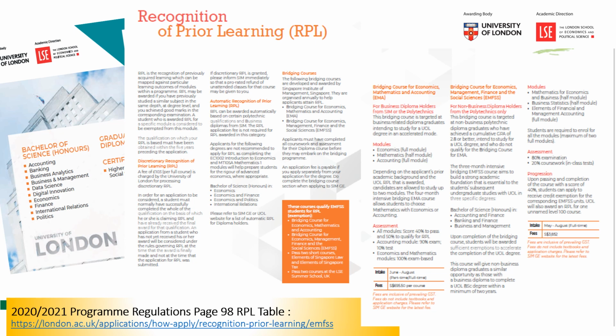And for more information about the RPL, please take a look at the 2020-2021 Program Regulation page 98 about the RPL table. There you will be able to find the specific RPL given to specific courses within your degree, depending on your prior learning that you have achieved before joining the University of London program.